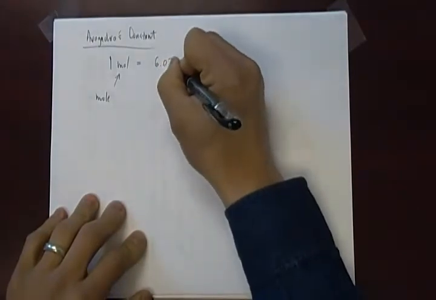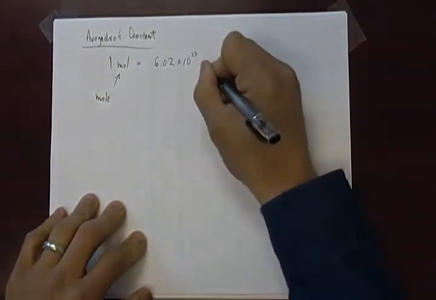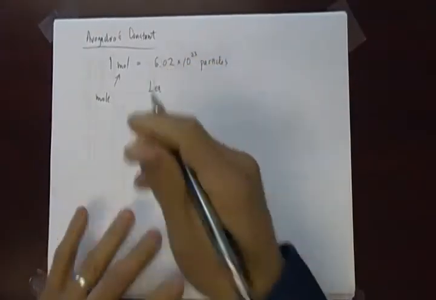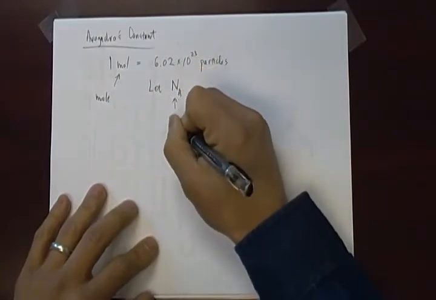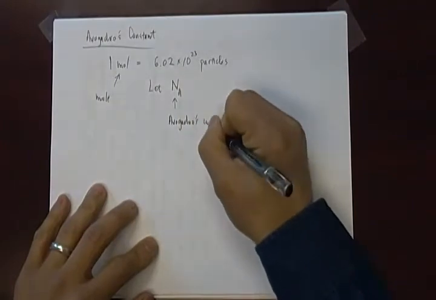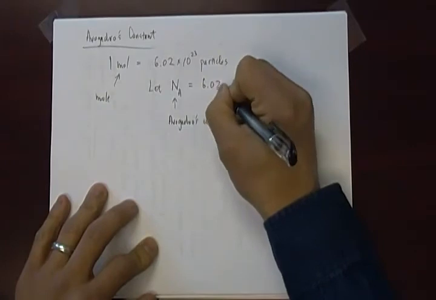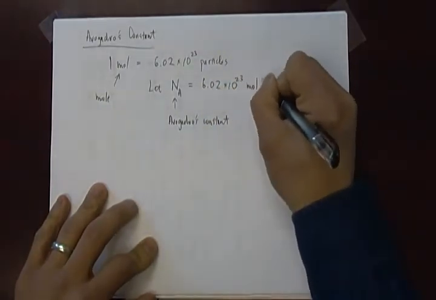That corresponds with 6.02 times 10 to the 23 particles, or things. Now it's convenient to write a constant, N sub A, for Avogadro's constant, and that will be 6.02 times 10 to the 23 inverse moles.